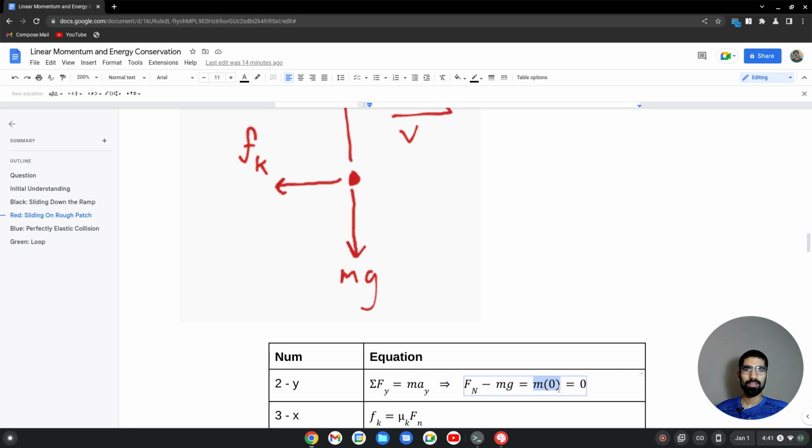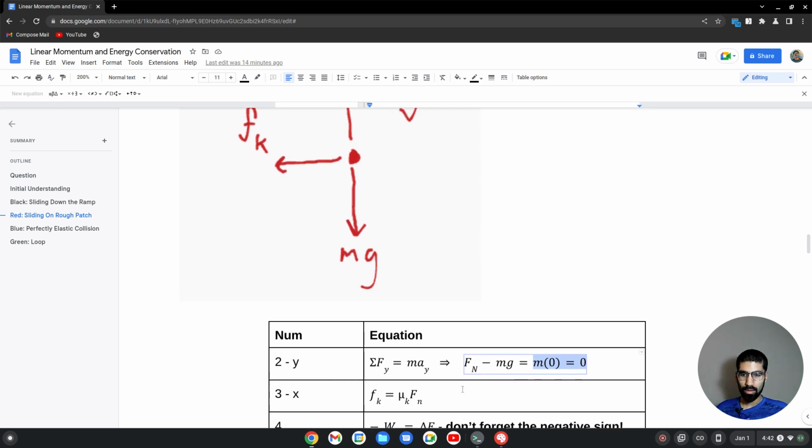Of course, there's no acceleration because the block's not sinking through the floor, it's not rising up, so we just set these things to be 0. In the x-axis, we only have the frictional force. We know that in this case it's kinetic friction because the block is sliding, and so we just put in that formula for kinetic friction.